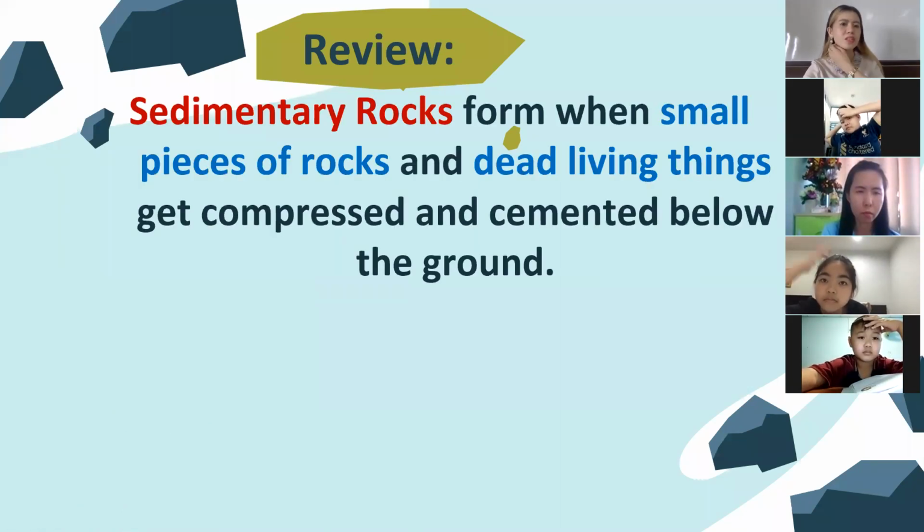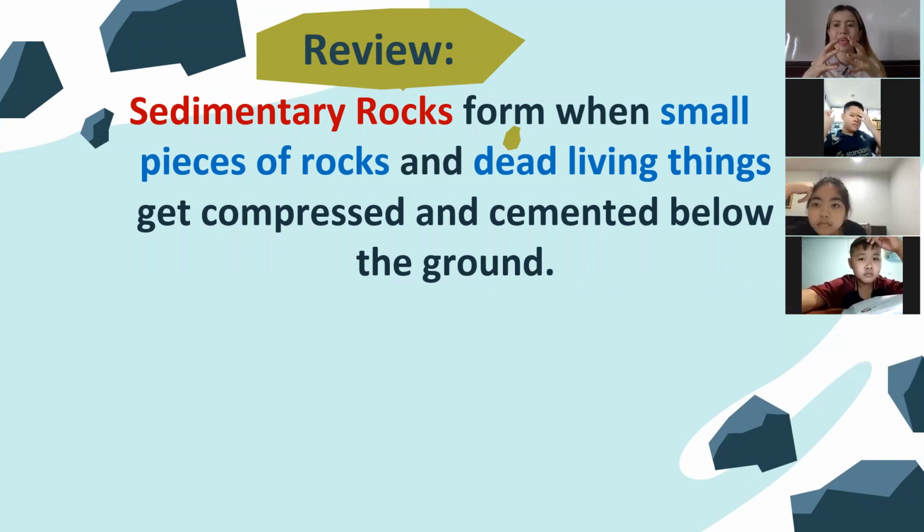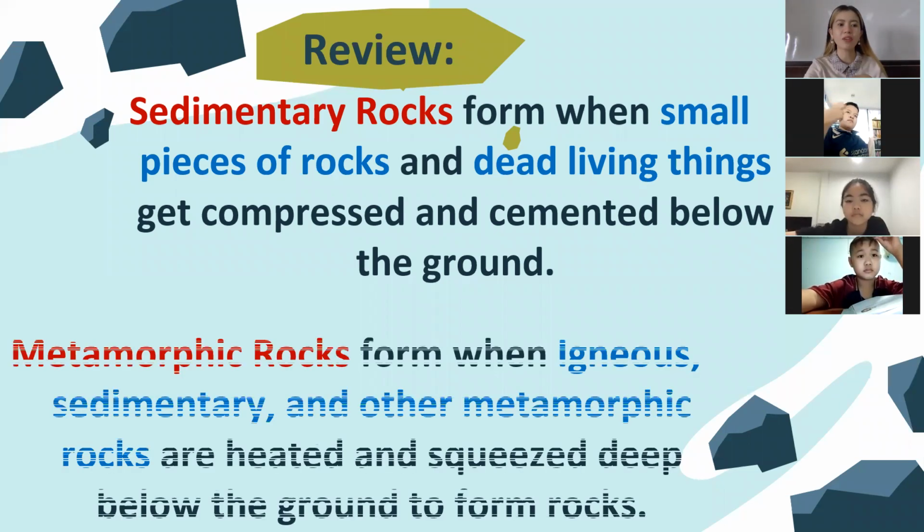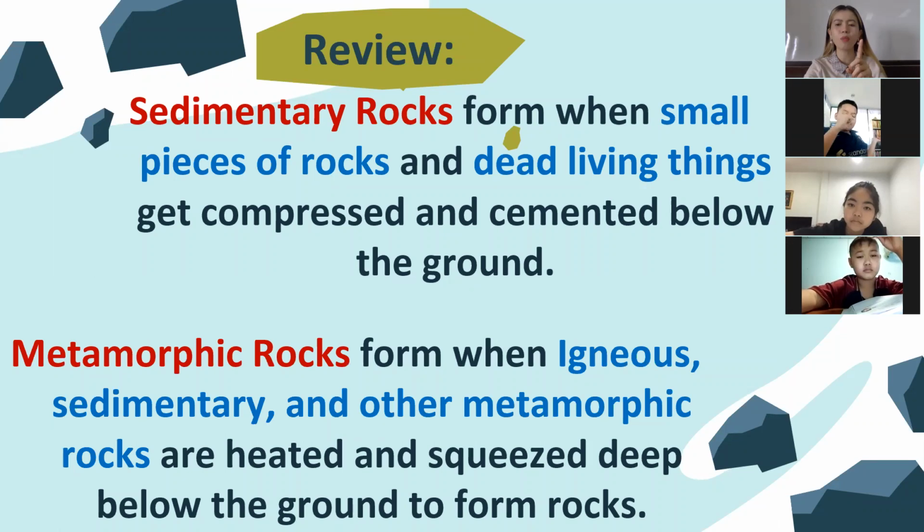Okay, we also learned that sedimentary rock forms when small pieces of rocks and dead living things such as animals and plants are compressed and cemented below the ground. Those are sedimentary rocks. And then for the last one, metamorphic rocks form when the three types of rocks, like igneous, sedimentary, and metamorphic rocks, are heated, squeezed and compacted below the ground.